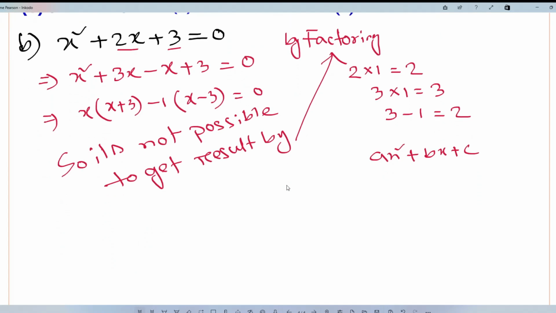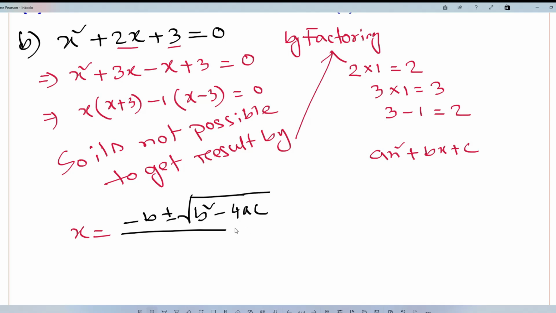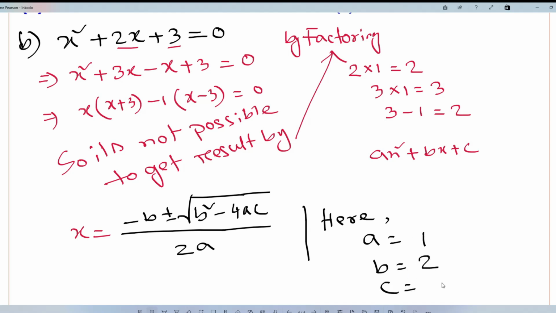What can we do? We know the formula is x equals minus b plus minus root over b square minus 4ac divided by 2a. Here a means 1, b means 2, c means 3.